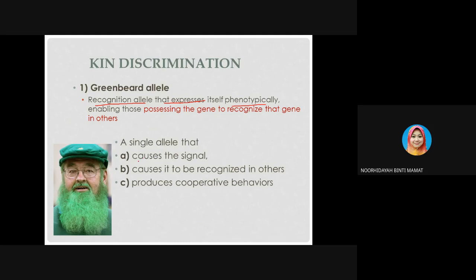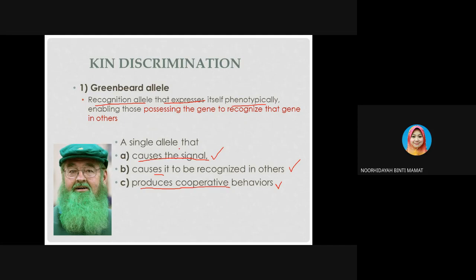So a single allele can cause a signal, causing it to be recognized in others. The allele causes a signal physically, and also allows recognition by biochemical characteristics, and that allele can also produce cooperative behavior.